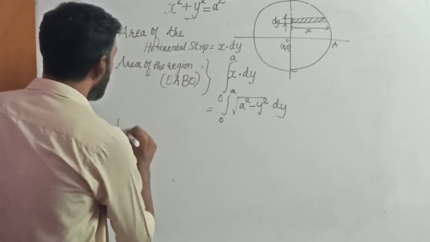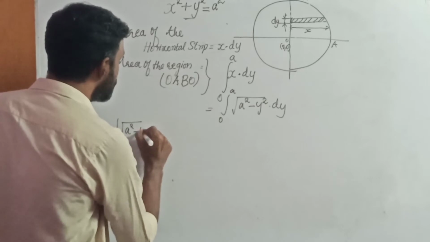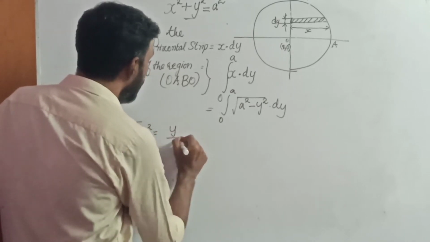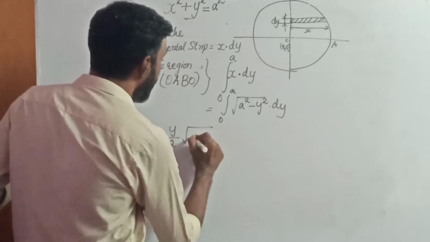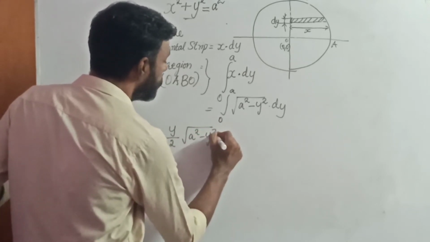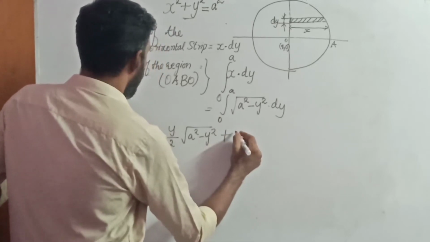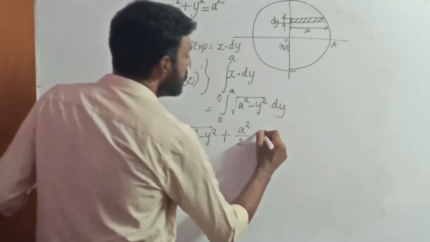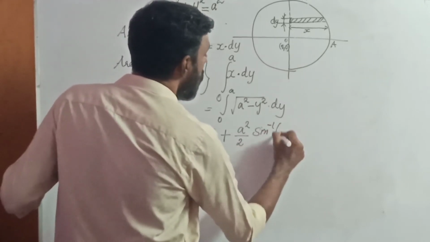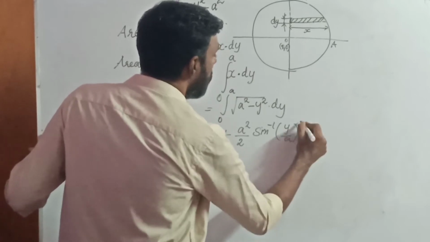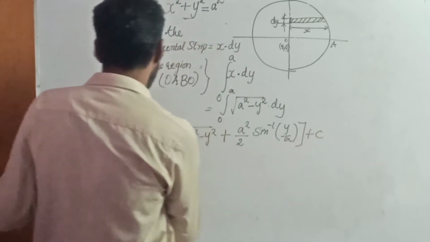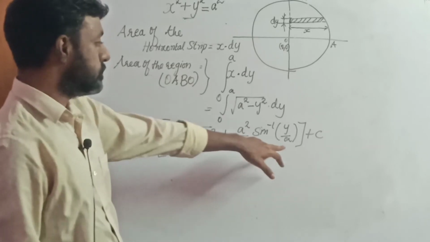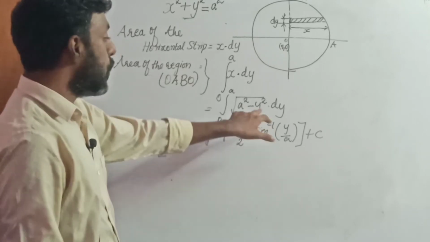The integral of root of a squared minus y squared is y divided by 2 into root of a squared minus y squared plus a squared divided by 2 into sine inverse of y divided by a plus c. This is the formula that I'm going to use over here.